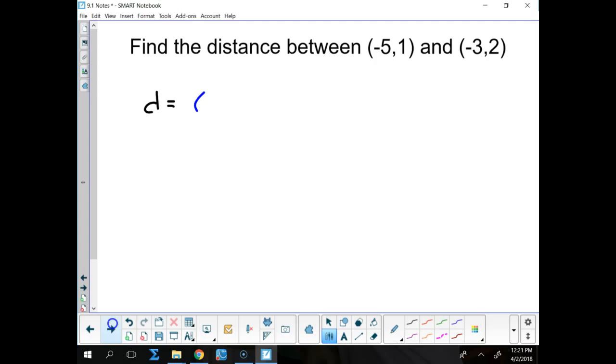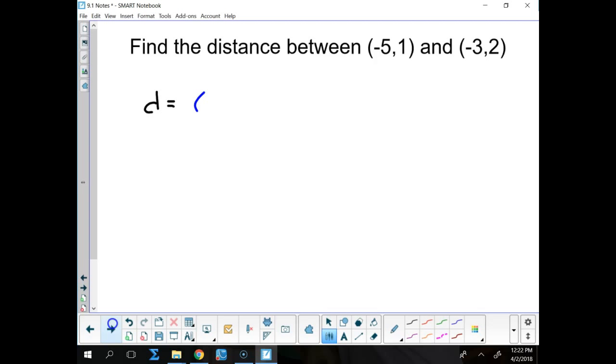Do I start with this one and then go to -3, 2? Or could I start with -3, 2 and then go to the other one? Doesn't matter. Okay, so it doesn't matter which one I start with. What matters? The order of them matters.